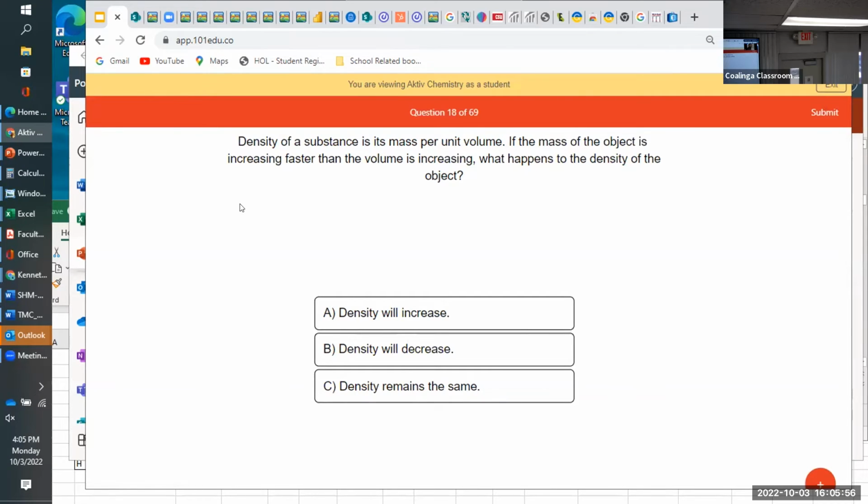The density of a substance is its mass per unit volume. If the mass of an object is increasing faster than the volume of the object, what happens to the density of the object?